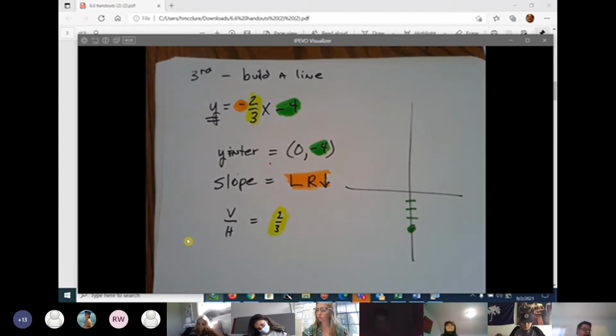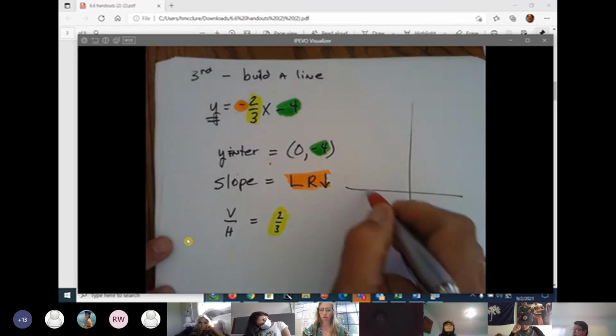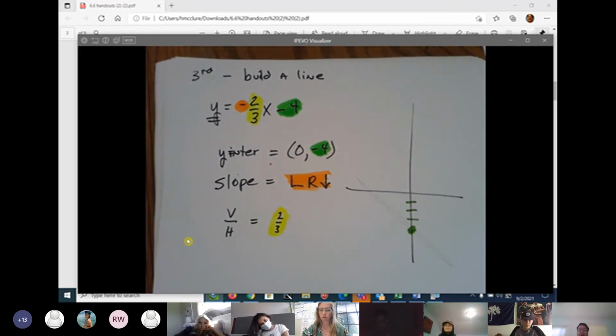You draw a trace line. I usually do the trace line in pen so you can barely see it. I would do it in pencil if I was you. There's your trace line, which is left to right down.